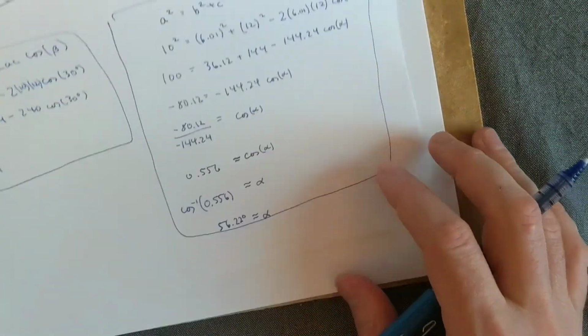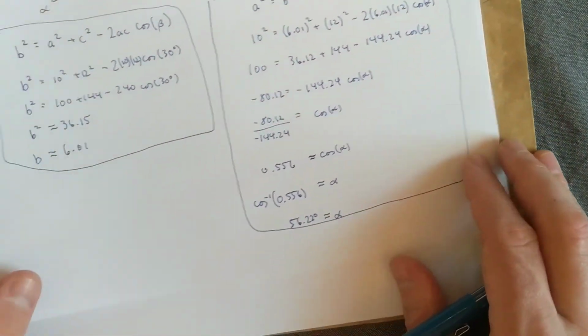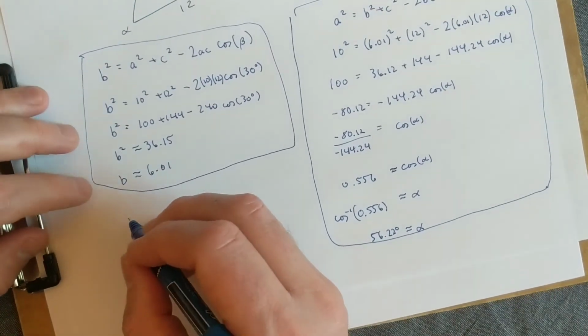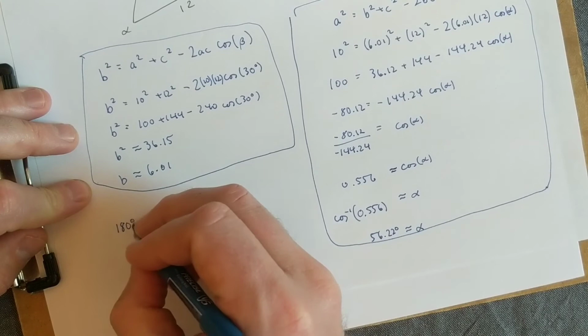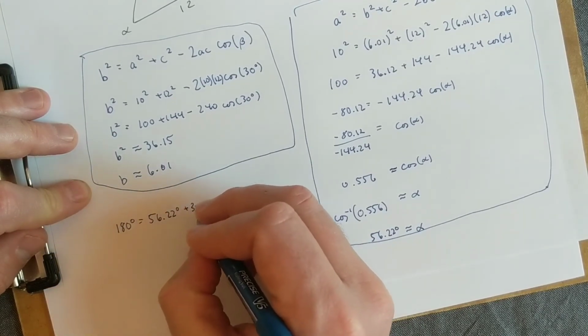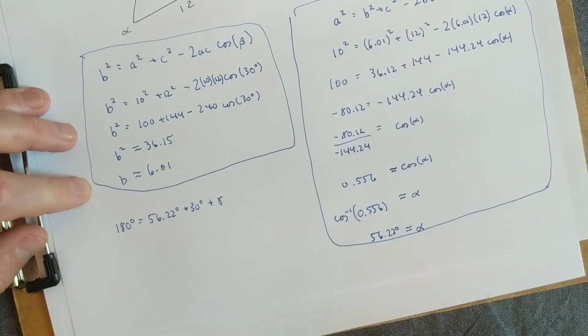Okay, so then what about gamma? Well, I could use law of sines or law of cosines to find gamma, but the easiest thing to do is to remember that these angles have to add up to 180. So if I take 56.22, add it to 30, and add it to whatever gamma is, I should get 180.